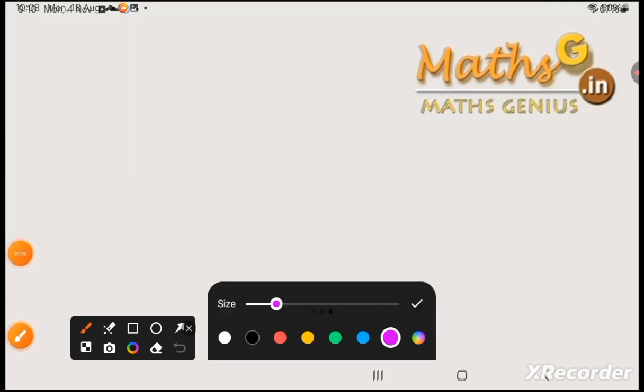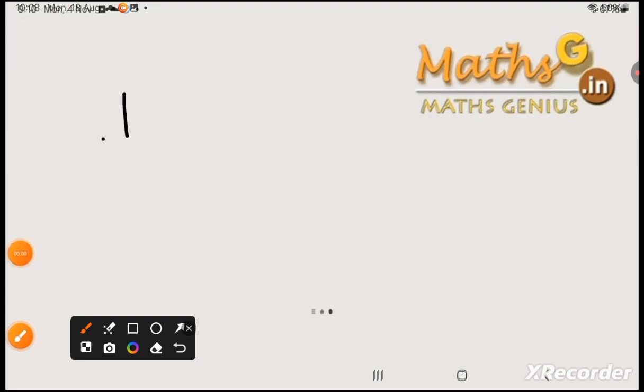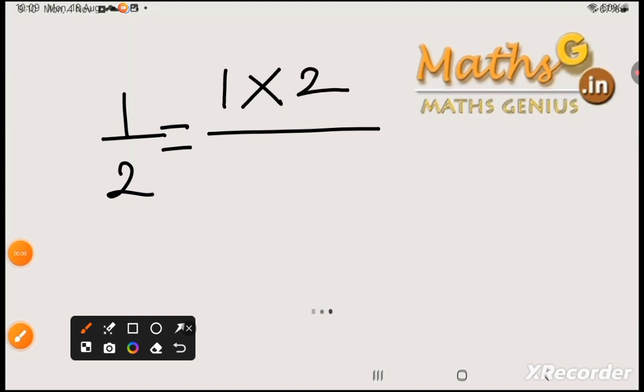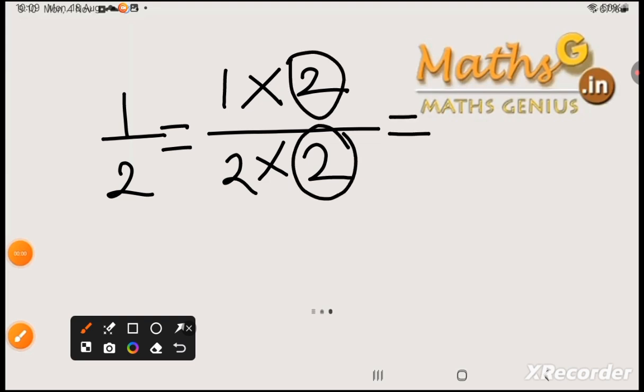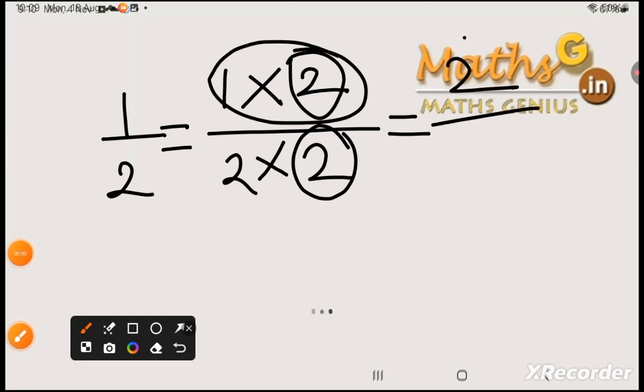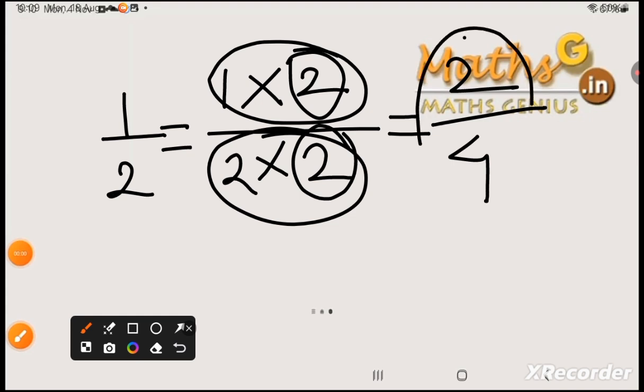Now suppose we have a fraction 1 by 2. If we multiply the numerator 1 with some number, let us say 2, and we multiply the denominator 2 with the same number 2, then whatever we get, like 1 into 2 is 2, 2 into 2 is 4. Now this fraction 2 by 4, is it a proper fraction?